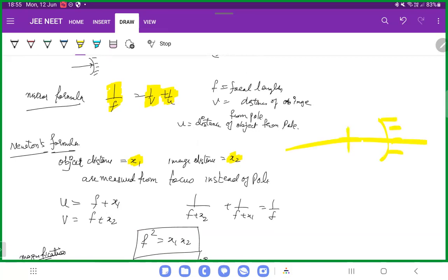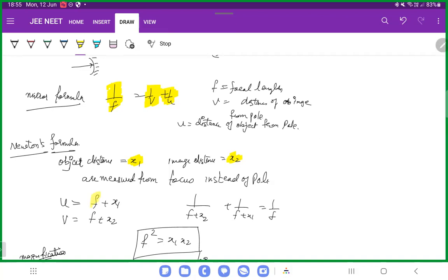This was the object here, and this is the focus. So it is moved x1 distance, and the image is moved x2 distance. Whatever the distance, 1 meter, 2 meter, it is how far it is from the focus. So your focus is your center point now.